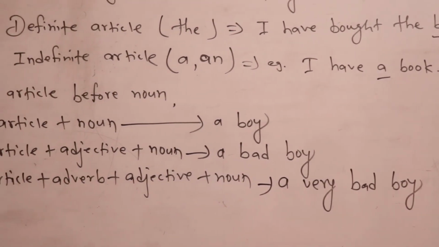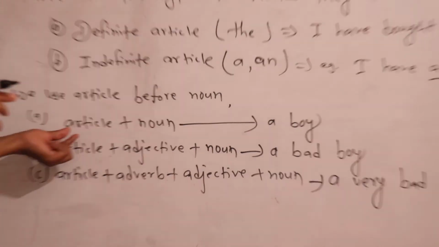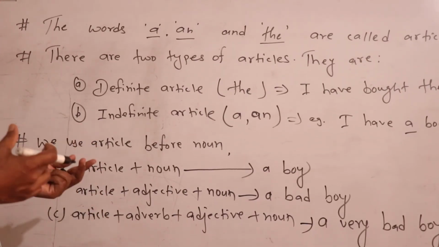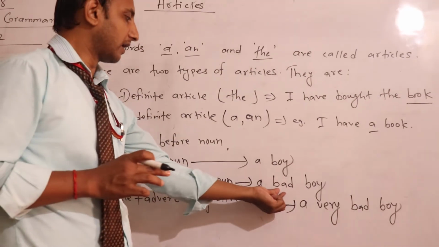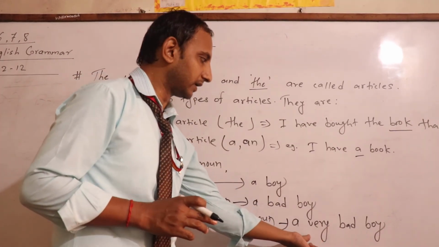So in this way, when articles come in a sentence, they come with these types of structures. So we should not be confused that an article only comes before a noun. It also can come before an adjective and before an adverb.